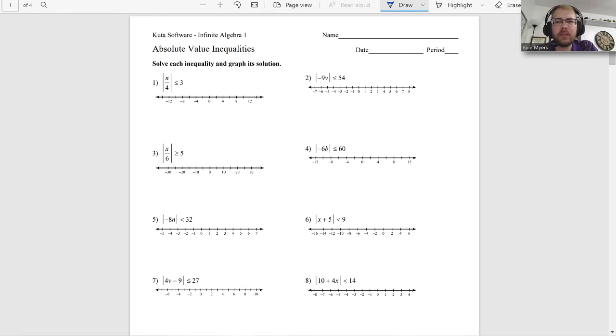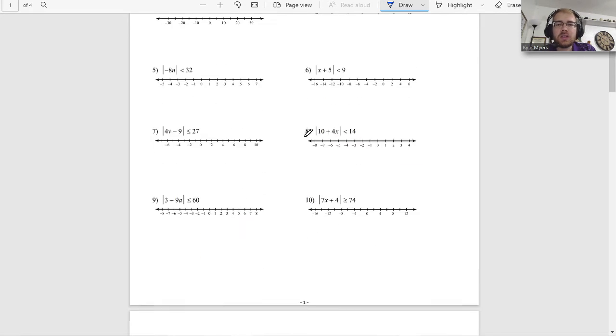And I'll show you guys how to do this pretty easily here. If you notice, all the questions that we can see so far have everything inside the absolute values, the little bar things. They're like parentheses, but they're not curved, they're straight.